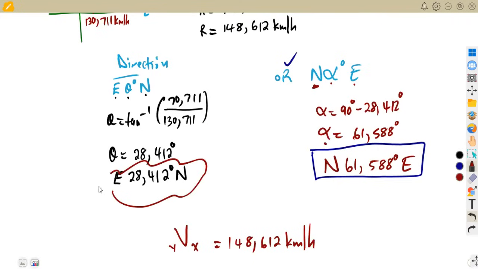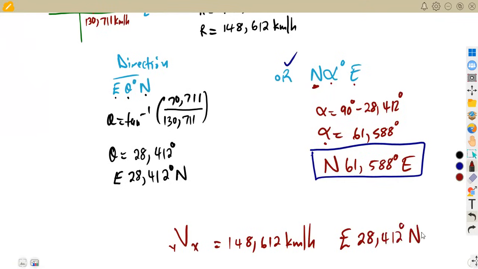Then the direction we have to consider here is east 28.412 degrees to the north, or you can consider the other one. It's your choice, or you can write in words that the velocity of Y relative to the velocity of X is, then you conclude everything.